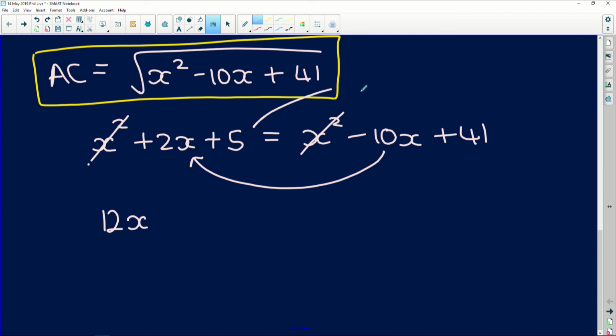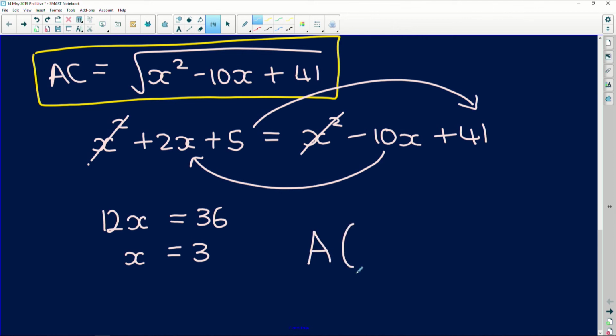If we take this 5 to the other side, it becomes minus 5. So 41 minus 5 is 36, which means that x is equal to 36 divided by 12, which is 3. Remember, guys, they asked for coordinates. Because it's along the x-axis, the y-coordinate is 0, and we've just solved for x, so the x-coordinate is 3.